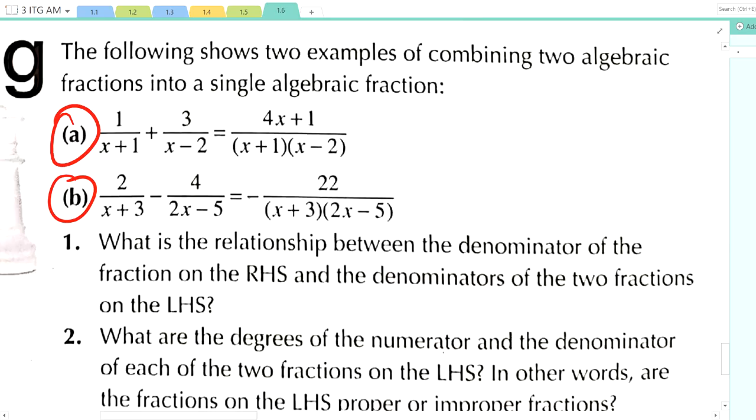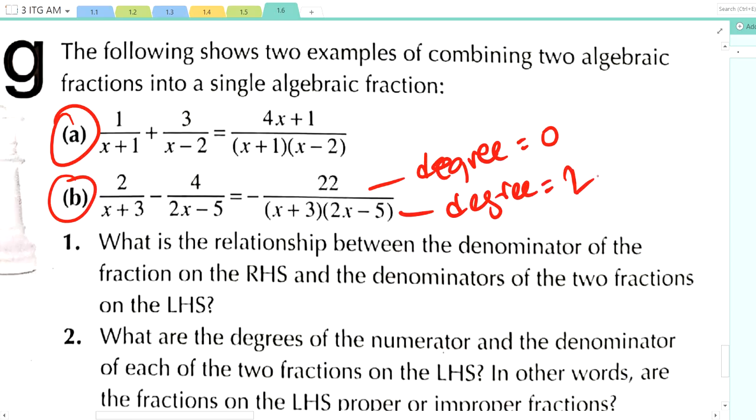When we combine them, we end up with numerator degree equals to 0, denominator degree equals to 1, equals to 2. So in both cases, after we add the fractions up, the degree of the numerator will always be less than the degree of the denominator.